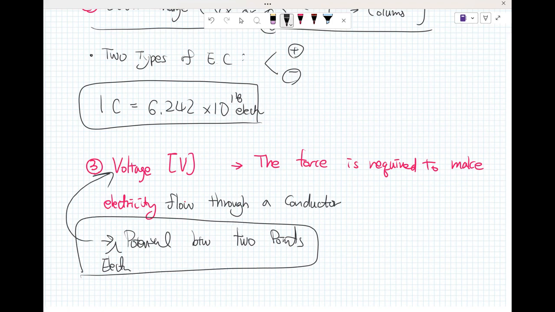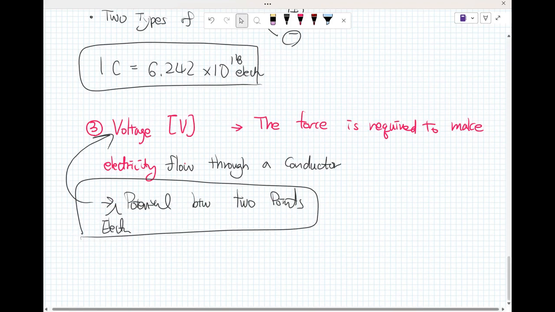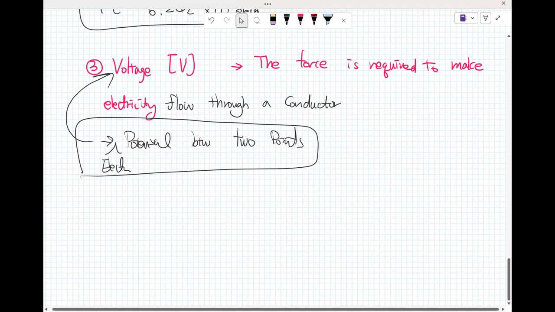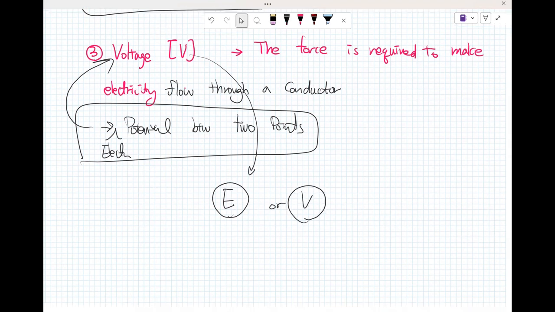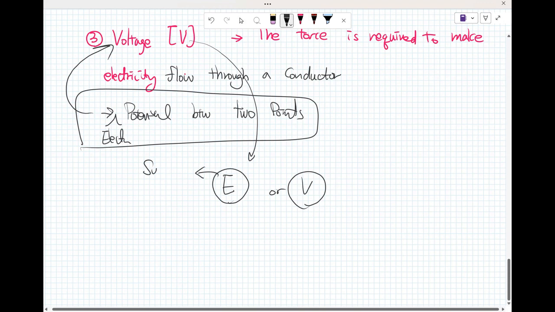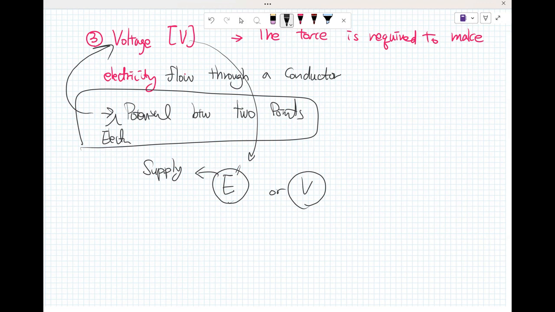That is also the definition of voltage. It is designated sometimes E, sometimes V. Usually for a supply you use the letter E, and in a DC circuit, the voltage drop across each resistor you write as V.